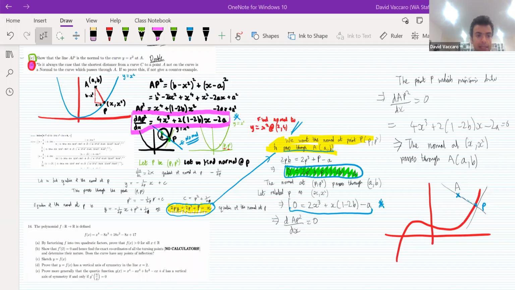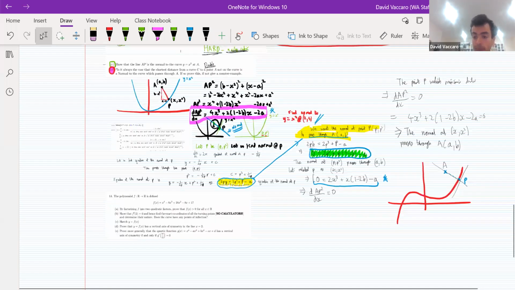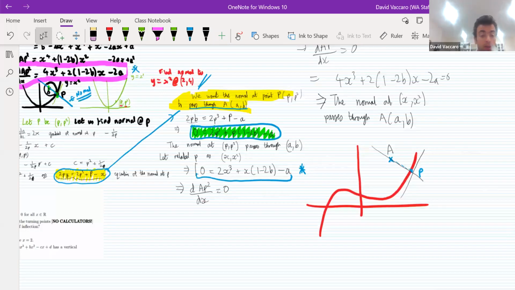Okay, so we've got lots and lots of yeses. We've got one which says no, it is only y equals x squared. Okay, let me draw a picture. If P is the shortest distance from A to the curve, then I can draw a circle.